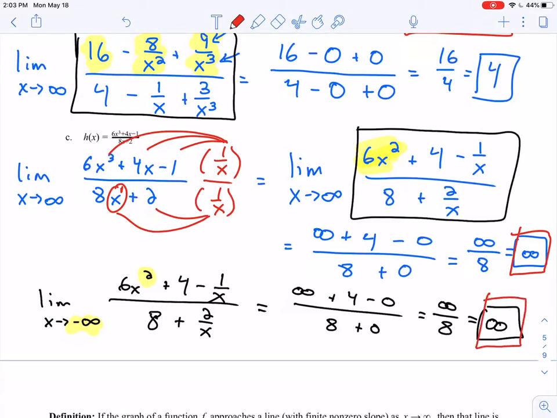And here, as x approaches negative infinity, y will approach positive infinity. So on either side, I'm not approaching a finite value. And what that means for me in the end is that there are no horizontal asymptotes. So if you don't end up with a finite value for your end behavior on either the left or the right-hand side, that means that your function has no horizontal asymptotes.